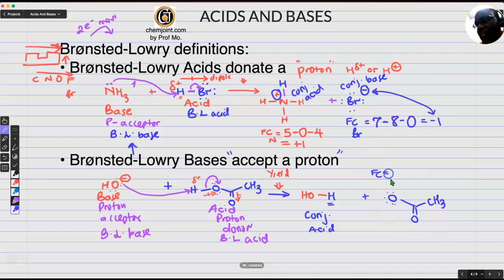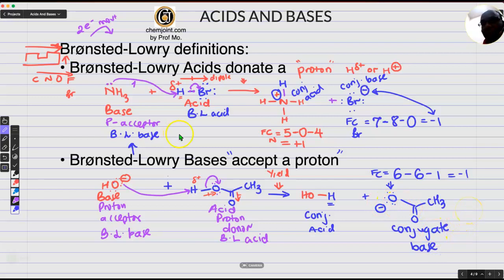The formal charge of the oxygen would be, valency of oxygen is 6, non-bonding electrons are 6, 1 bond on it, negative. So this acetate, we call it, would be the conjugate base, characterized by the presence of a negative charge.